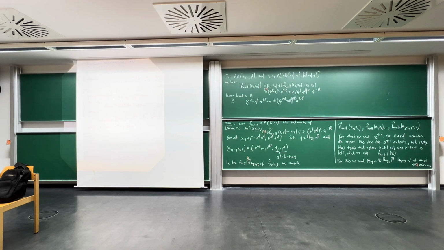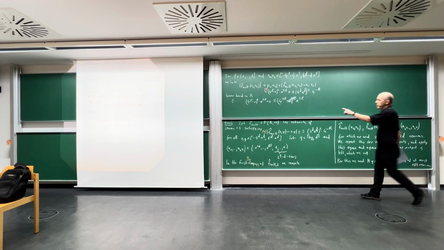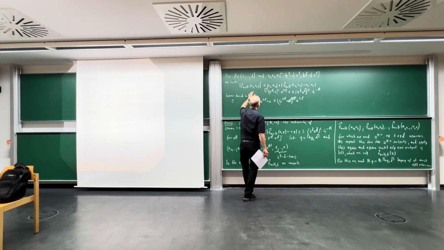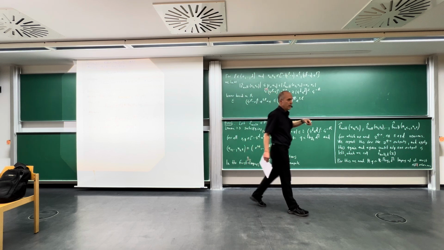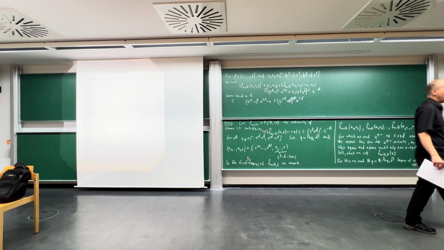So after the first level we have this bound with l equal to 2, and then we apply the bound again, so we have it with l equal to 4, then with l equal to 8, and so on.